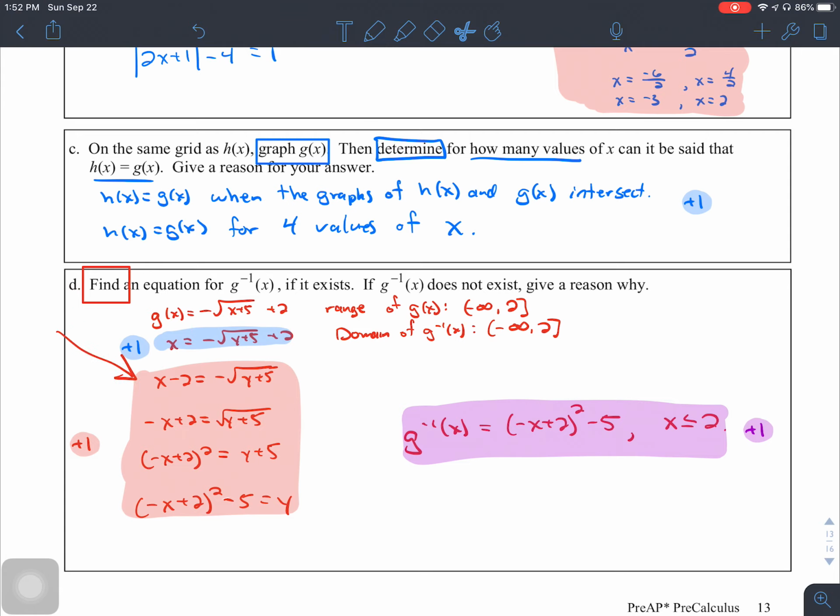You get 1 point for successfully getting y by itself. A common mistake folks make in here is you really want to get the square root by itself before you square both sides, which is what I did. So when you write the inverse function, g inverse, you have to give the domain restriction. The domain restriction is that x has to be less than or equal to 2. If you don't do that, then you're not going to get this last point.